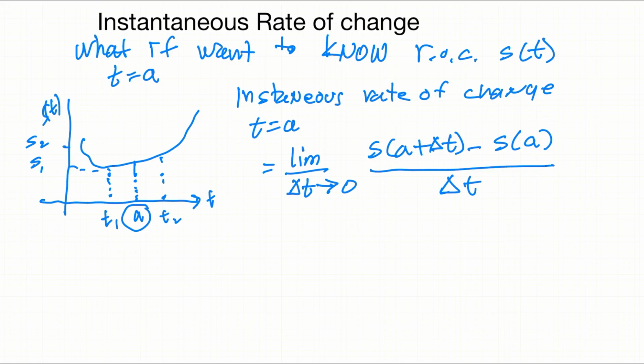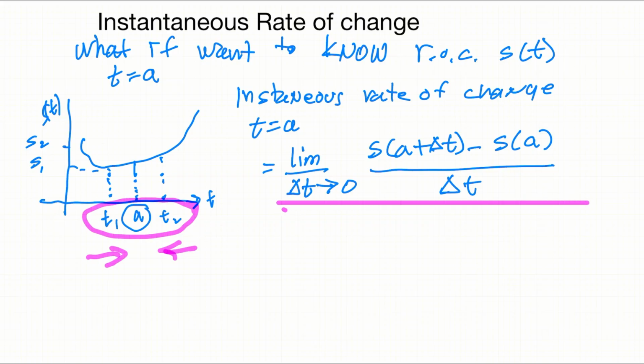So what we're doing here is simply contracting this interval to make it where they just squeeze together down to this point a. That's the way we're going to write this mathematically. We're going to take the limit as this quantity delta t goes to 0. So it's just squeezing in tighter and tighter down to a and evaluating it at a.